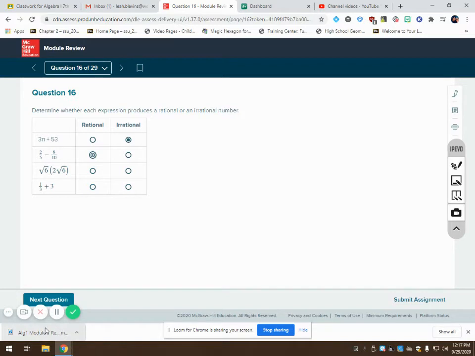The square root of 36 is 6, and then 6 times 2 is 12. So 12, we know, is a rational number. It can be written as a fraction, 12 over 1. And then 1/3 plus 3, we know is 3 1/3, or 10/3. So this can be written as a fraction, so it is a rational number.